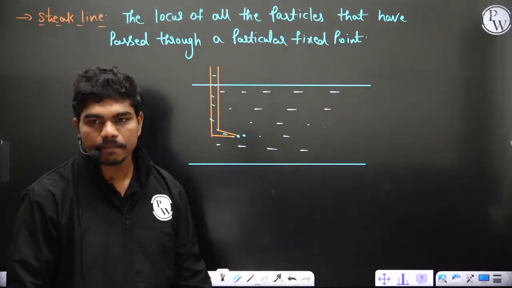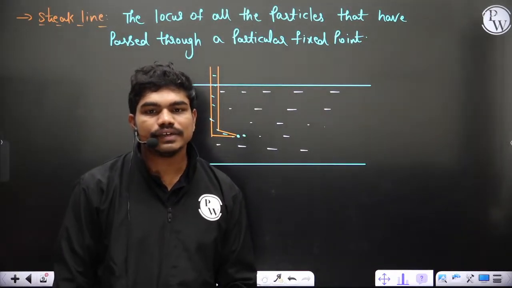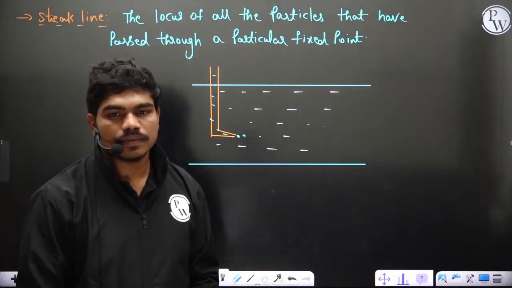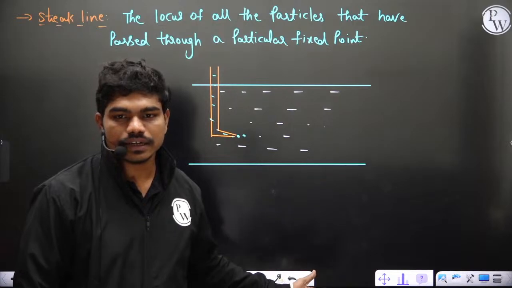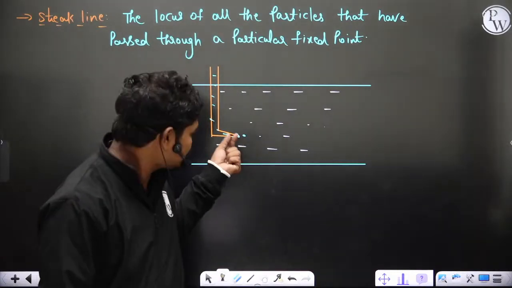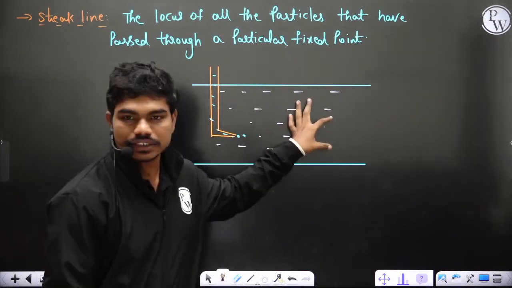Correct? Can you understand this? Everyone? Dharmendra, Vajit, Kadia, all of you.